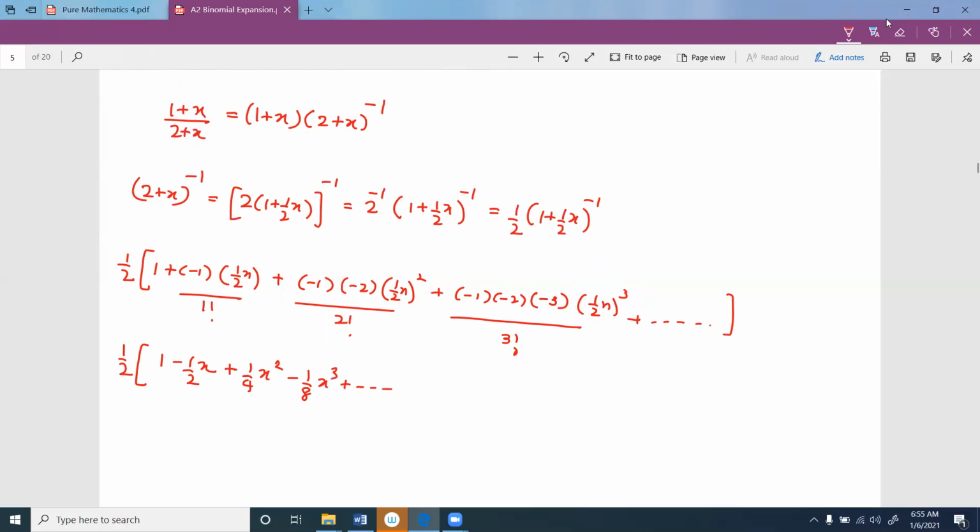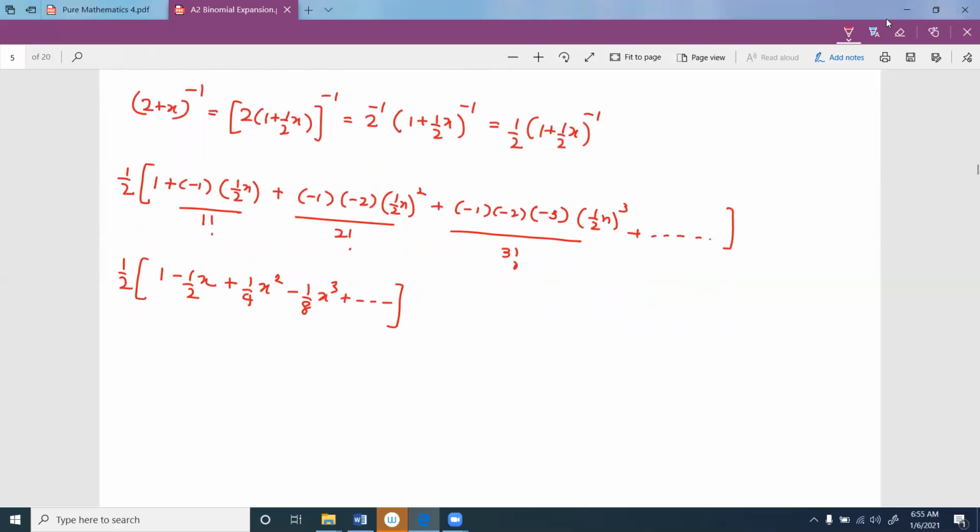So you just expand and see, you will understand how it came. Then this answer becomes 1 over 2 minus 1 over 4x plus 1 over 8x to the power 2 minus 1 over 16x to the power 3. Like that it goes on. This is the expansion for this bit.